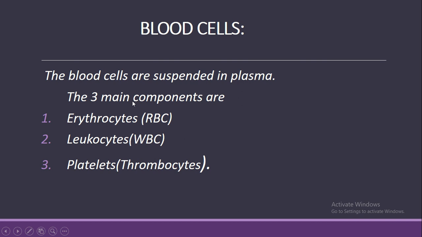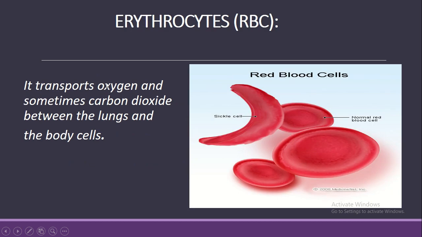So blood cells. We have seen that the blood contains plasma and the blood cells. The blood cells are suspended in plasma. The three main components are erythrocytes, also called RBC, leukocytes called WBC, and platelets called thrombocytes. These are the three main blood cells. So erythrocytes, RBC.